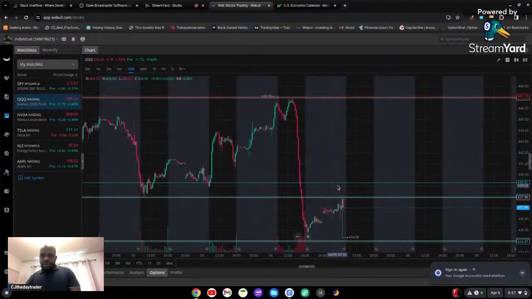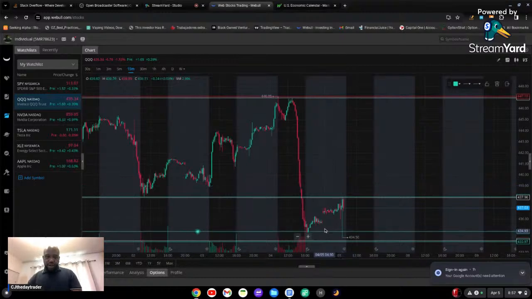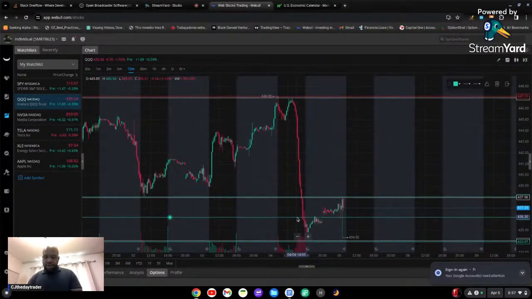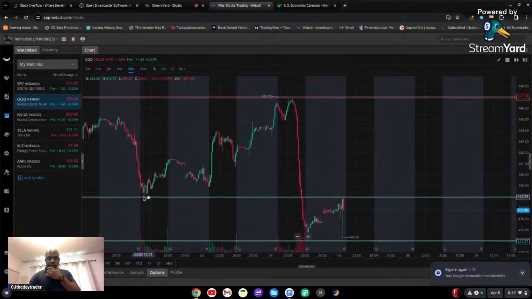Since 438 was the low on 4.2, let's just use 438 as a demand zone, and now it's possibly becoming a rejection point today. So the main focus is on this 438, whether we break above or stay below.